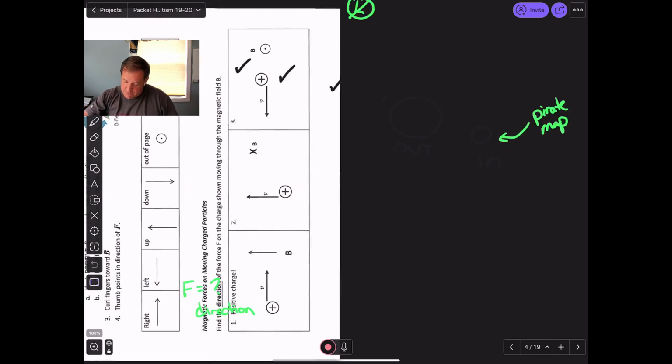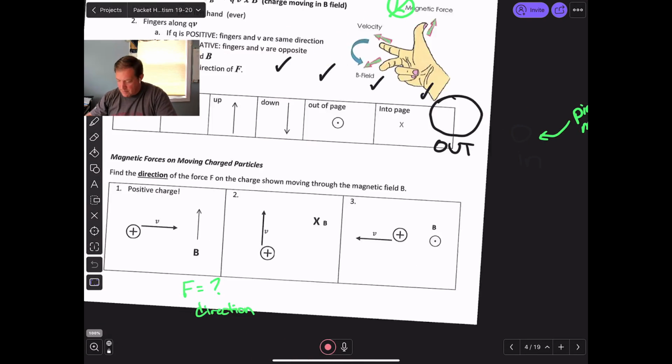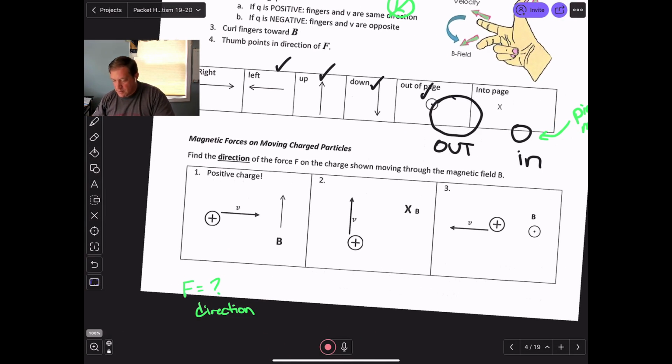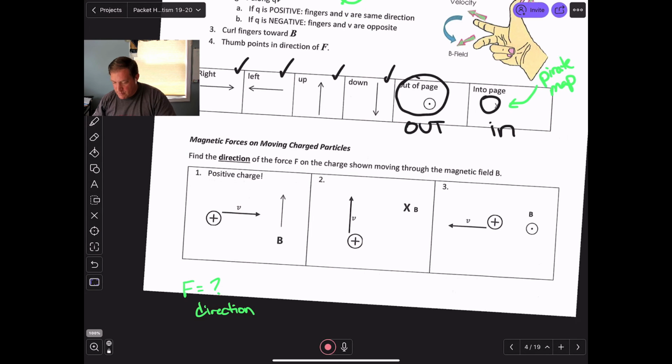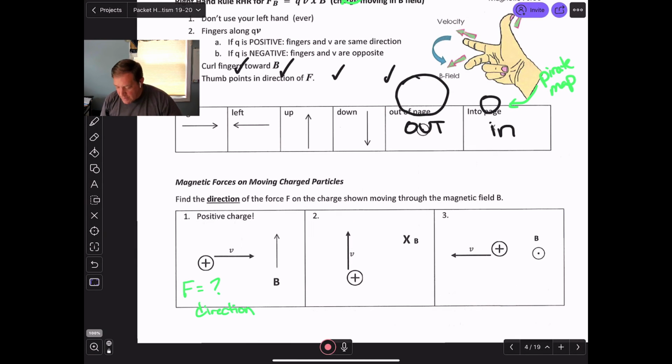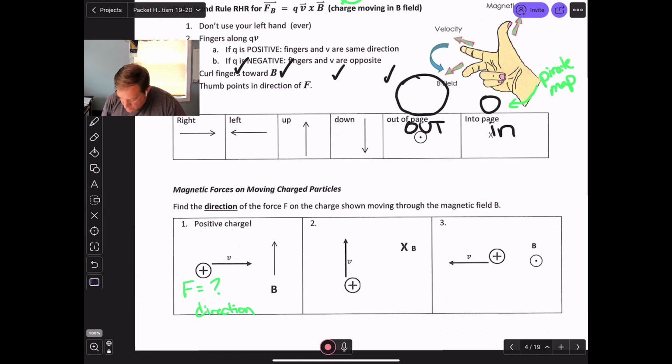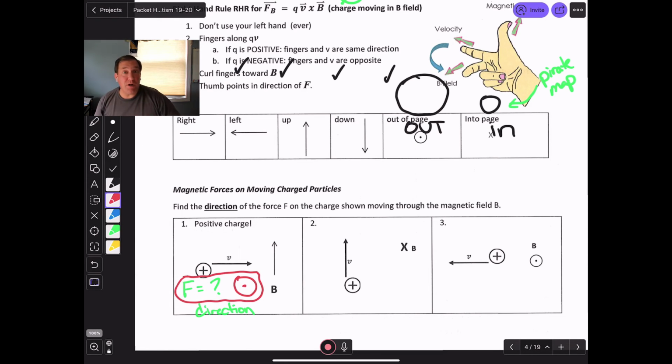So I would say, and I'm going to turn the page back, I can say that my force was circle dot. You don't have to write a number. You're just writing a direction.